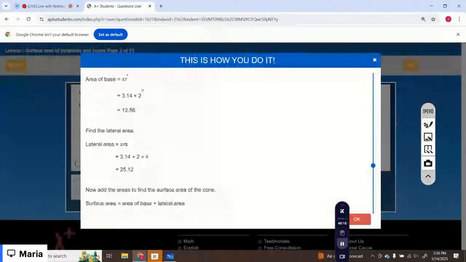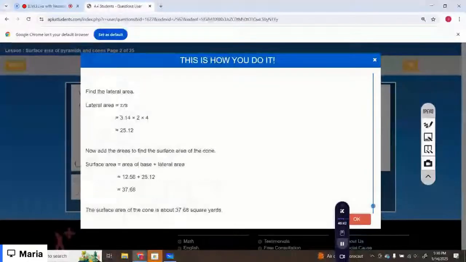We need to calculate the area of the lateral surface, that is pi r s. We need to add the area of the base and the lateral area.